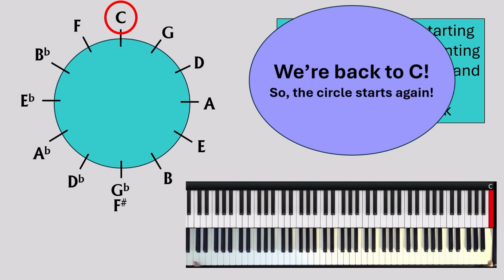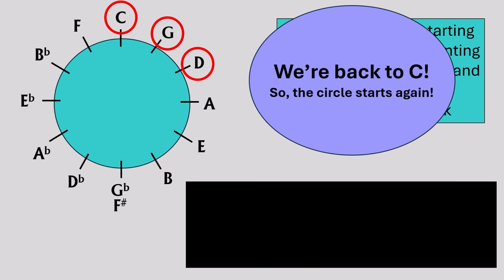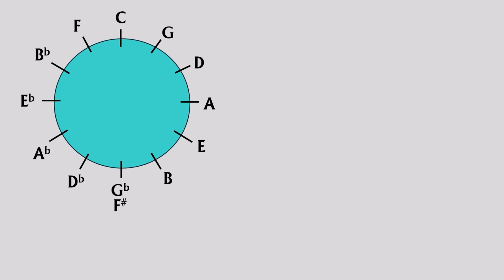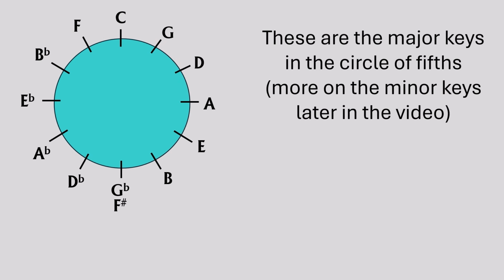And we're back to C, so the circle starts again. These are the major keys in the circle of fifths.